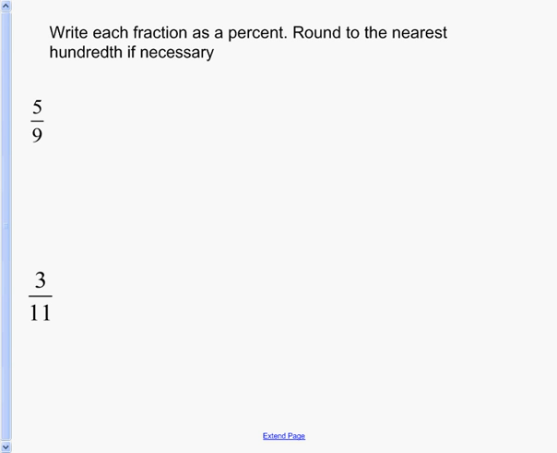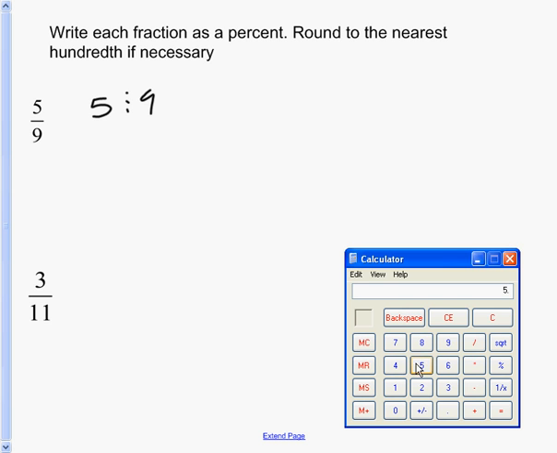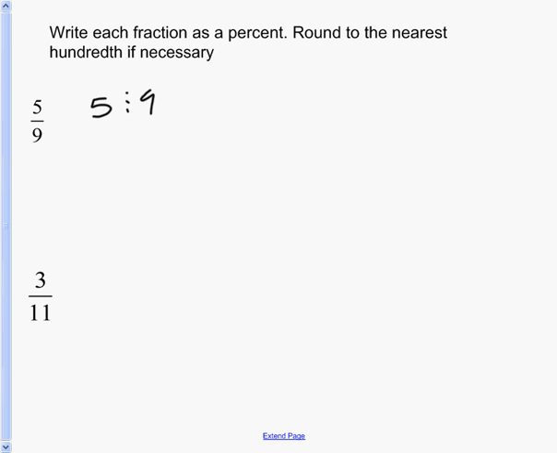Lastly, we're writing each fraction as a percent. So we have to write 5/9 as a percent, but what we need to do is 5 divided by 9. So getting the calculators out, we'll do 5 divided by 9 to get 0.55555. And I wrote out 5 5s because we are multiplying this by 100 to get it into a percent.